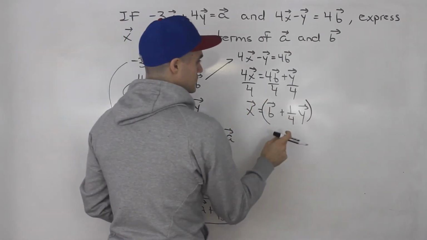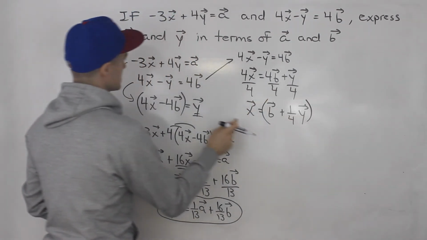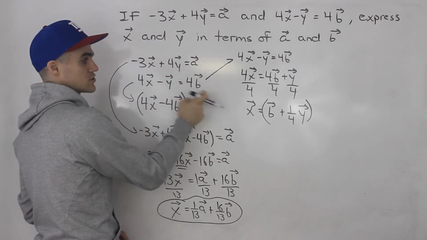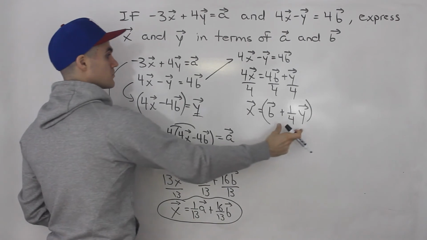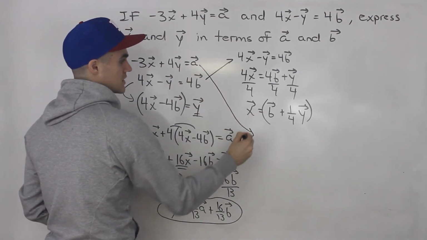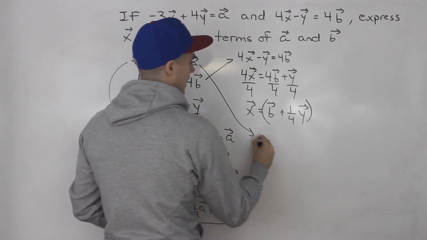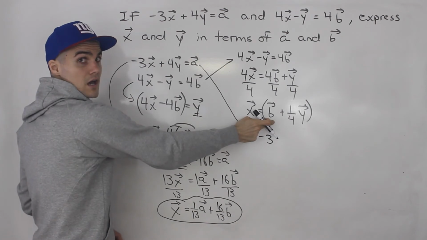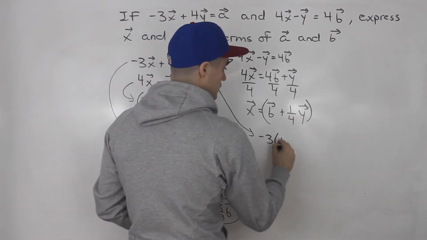And now what we can do is take this expression for vector x and plug it into that first equation, because we used the second equation to isolate for x. So plug in that new expression into the first equation. So bringing this first equation down here, we'd have -3, and instead of writing vector x, I'm going to write this expression here.